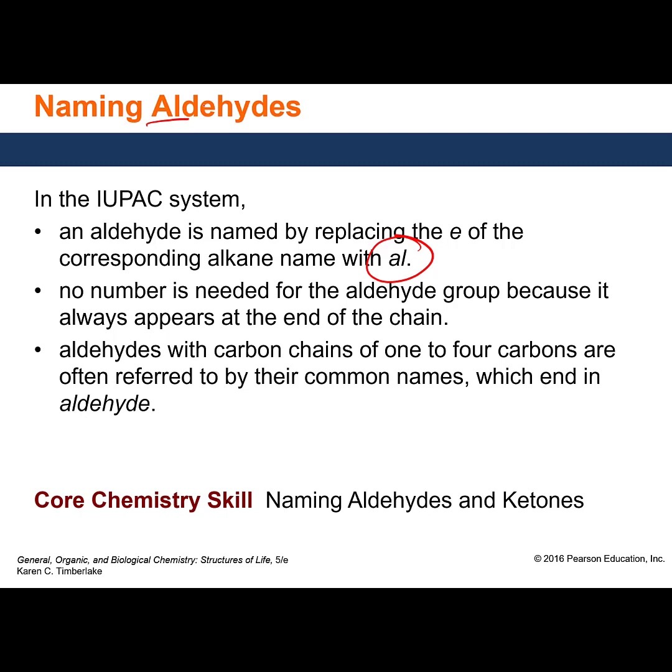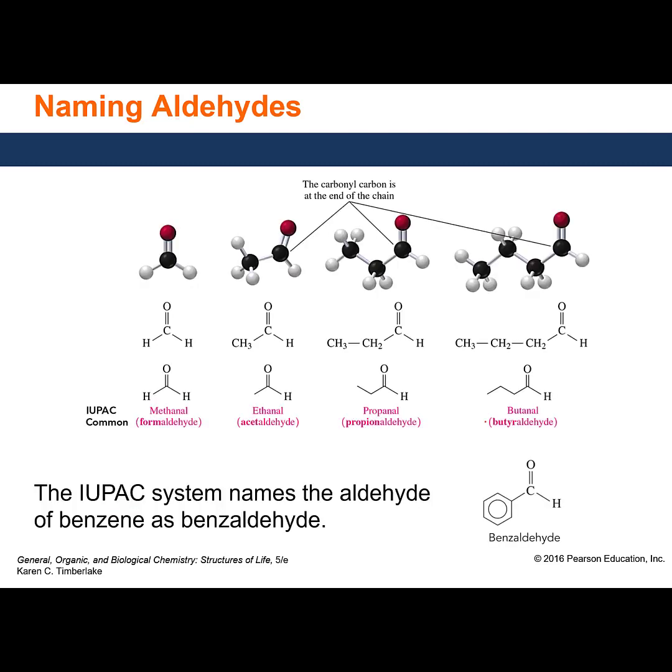Okay, some examples. How many carbons are on this item? Here's our carbon. This goes to a hydrogen, this goes to a hydrogen, so there's only one carbon here. So methanal. Methane, drop the E, add an -al, methanal.